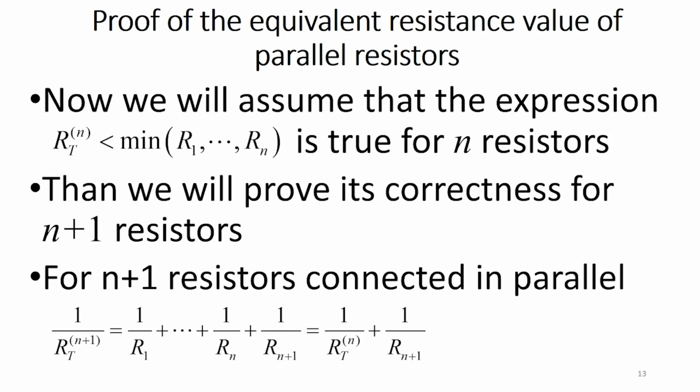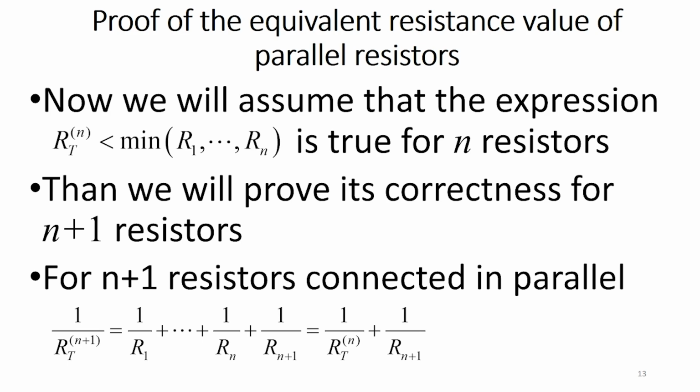Now we will assume that the expression RT(n) is smaller than the min of R1 until Rn is true for n resistors. Then we will prove its correctness for n plus 1 resistors. For n plus 1 resistors connected in parallel, 1 over RT(n+1) equals 1 over R1 plus ... plus 1 over Rn plus 1 over R(n+1).